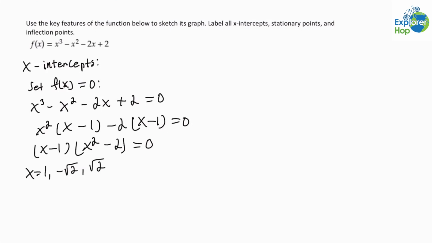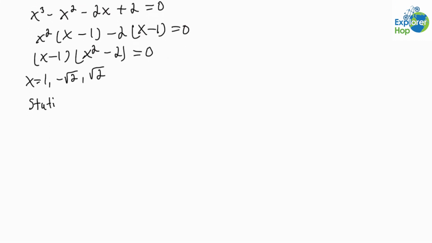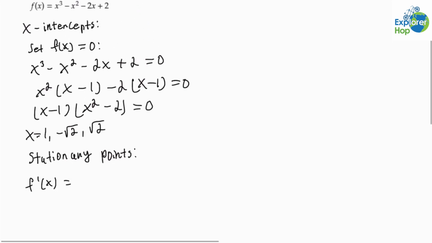Now let's find the stationary points of f of x, which occurs when the derivative of f of x is equal to 0. So using the differentiation rules we've learned, the derivative of f of x is equal to 3x squared minus 2x minus 2.